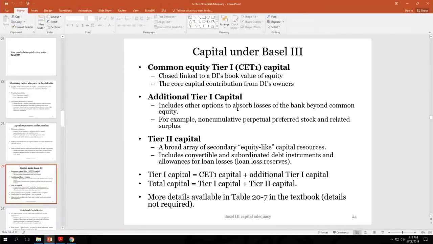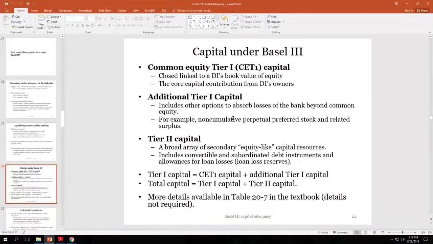So they include some special types of preferred stocks, and they need to be qualifying in order to be classified as additional Tier 1. So there are strict rules in terms of how different items on the balance sheet can be classified as CET1 and Tier 1, right? But in terms of preferred stocks, there are many different types, and some are additional Tier 1, some are not.